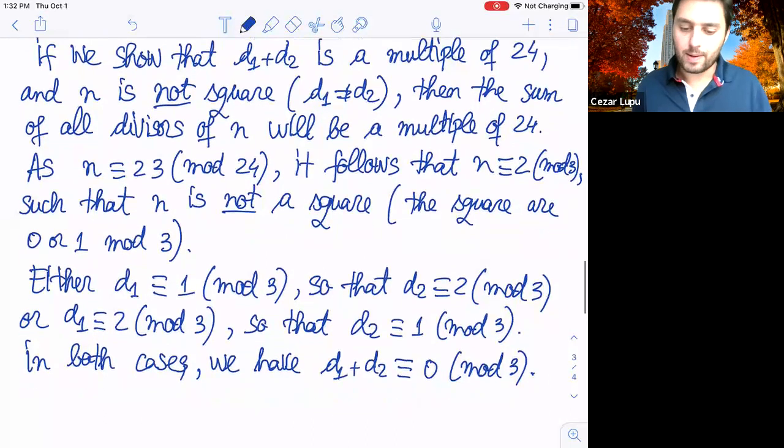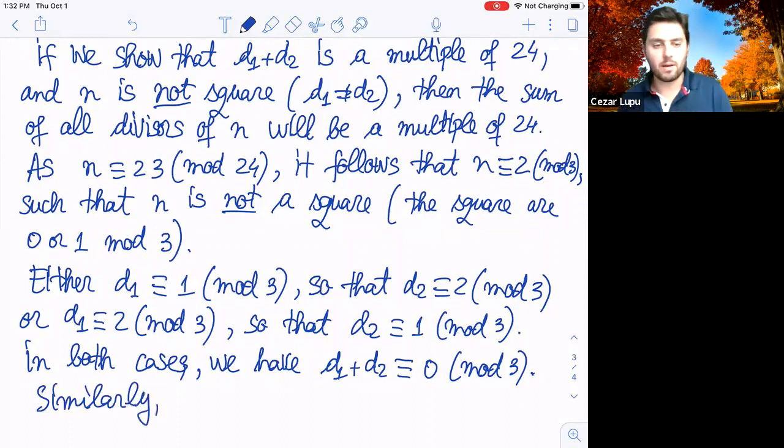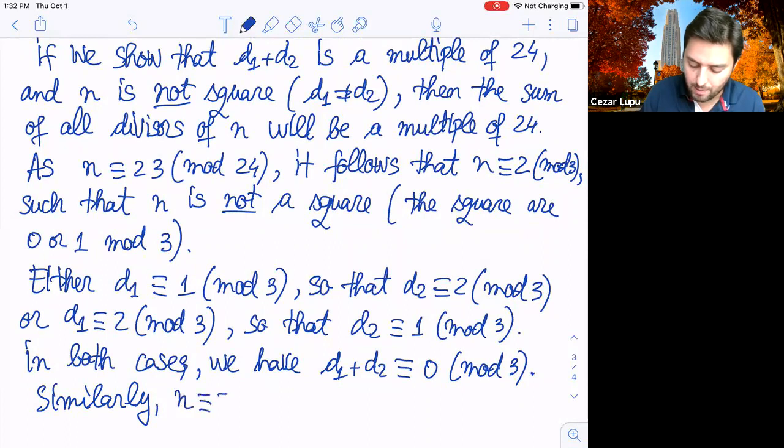All right. Now, let's see similarly, when we have, let's say, 23 mod 24. Now, similarly, what if we have n is 7 mod 8?